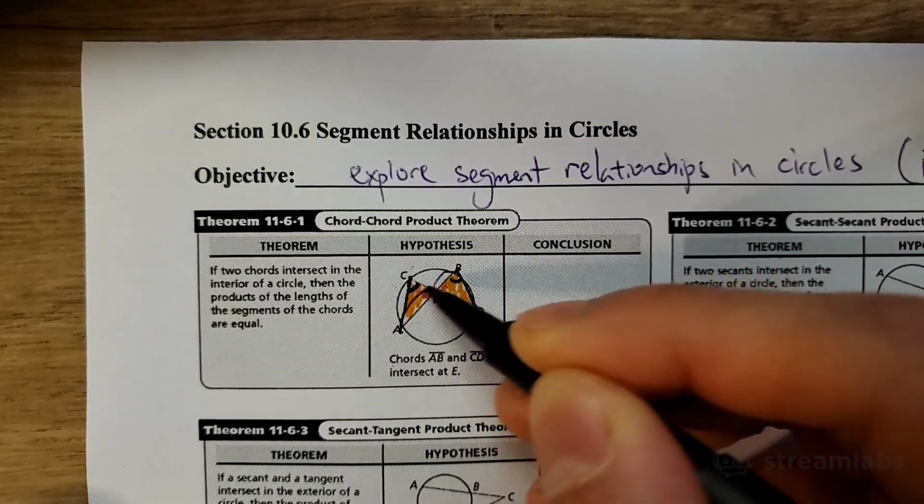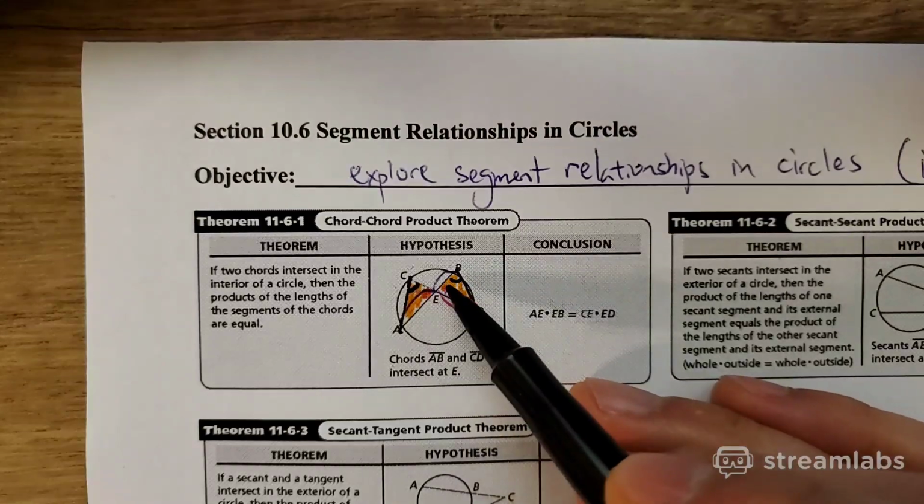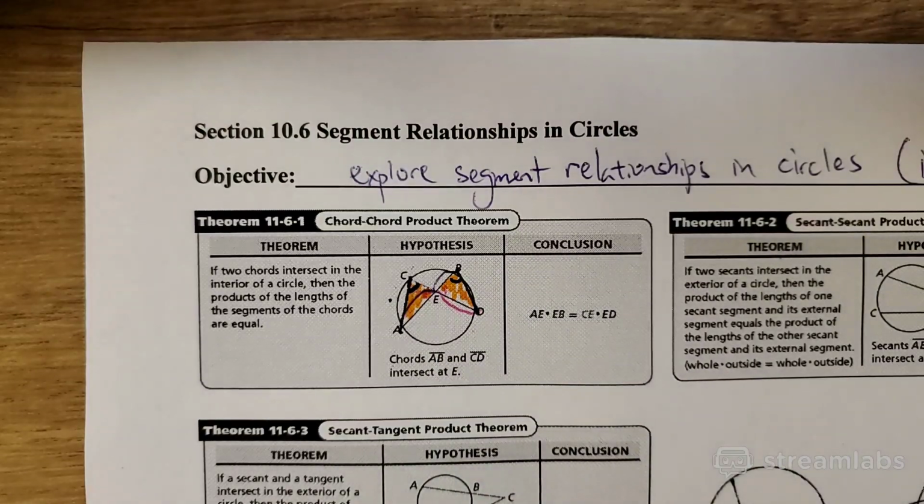These two top angles. How are they related? Cindy said they're congruent. How do we know they're congruent? They're both connected to A and D.